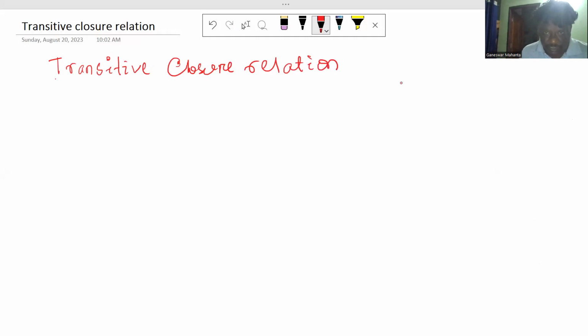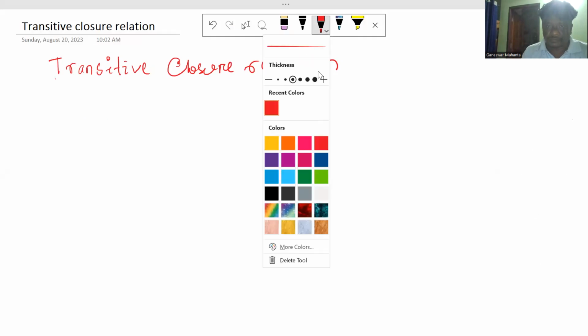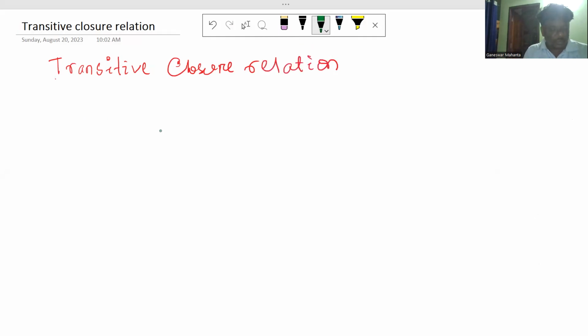Just to remember, what is the transitive closure relation? The transitive closure R plus, we can define R plus.